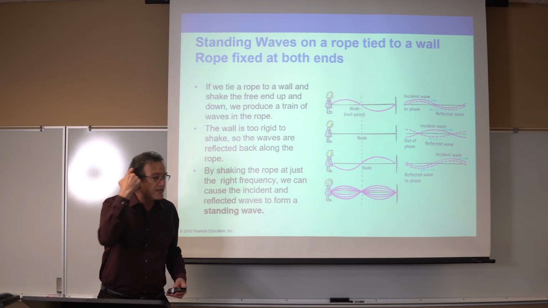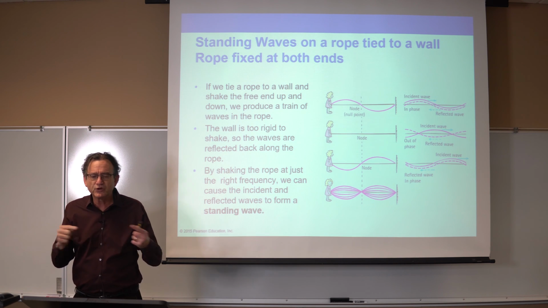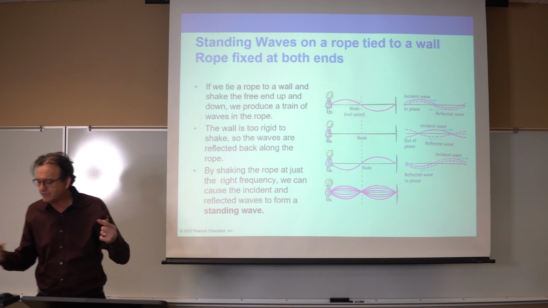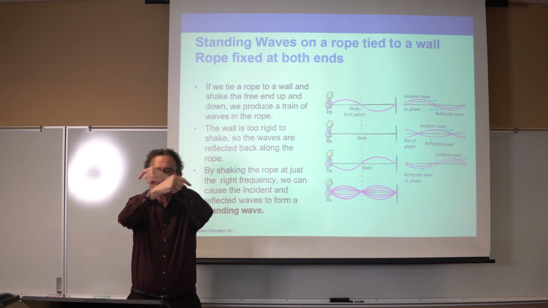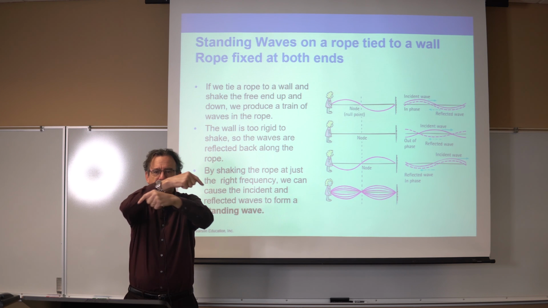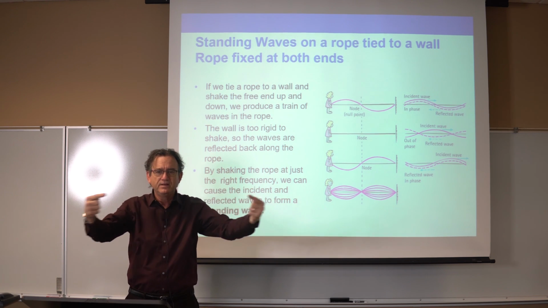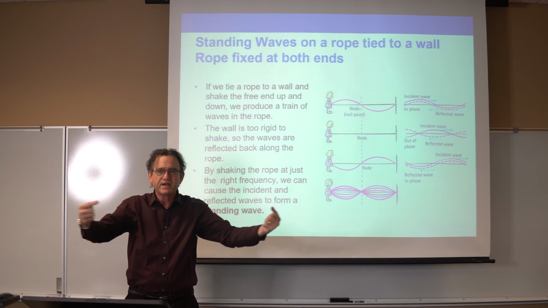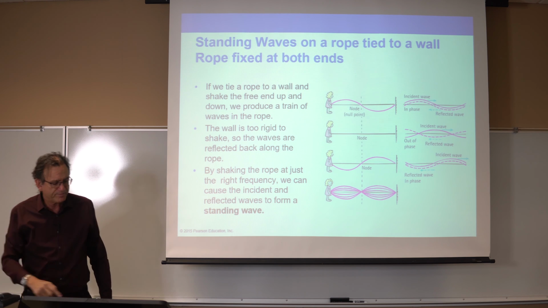So it looks like a standing wave because you don't see the motion of the waves that are reflecting back and forth from both ends. Their waves are bouncing off the walls and coming back in. They cross each other and bounce back. And the net result is that we see this standing wave pattern.